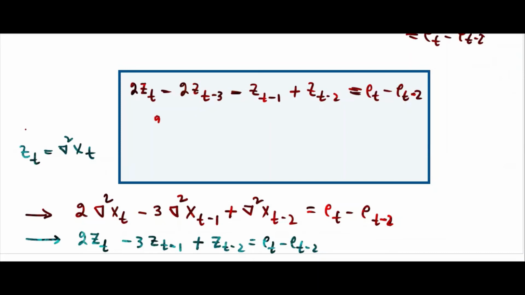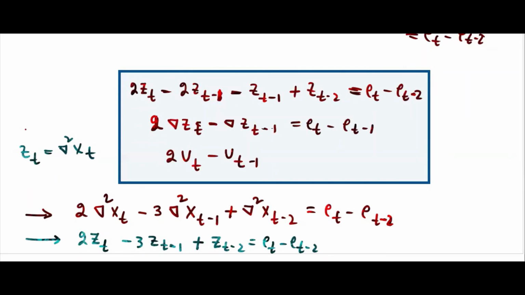So if you take this common, 2 z_t minus z_{t-1}. If you take 2 common here, you will get ∇ z_t, okay, minus 1 common, ∇ z_{t-1}, and this one you can write u_t, 2 u_t minus u_{t-1}. There is no more factor, okay, 1 minus z factor here, and that is equal to e_t minus e_{t-1}.